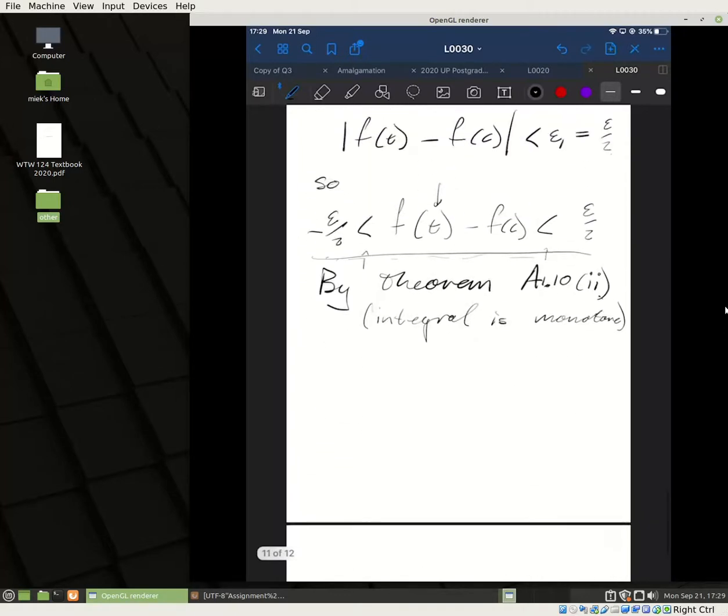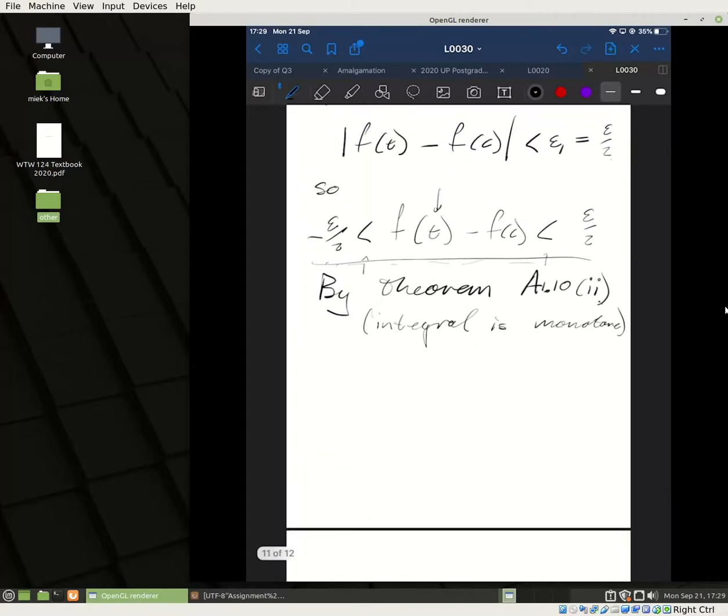So if we take the integral from c to c plus h, what do we get? We get minus epsilon over 2. It's less than or equal to, actually let's put our variable, what variable are we integrating over? dt, less than or equal to the integral from c to c plus h of f of t minus f of c dt, less than or equal to the integral from c to c plus h of epsilon over 2 dt.